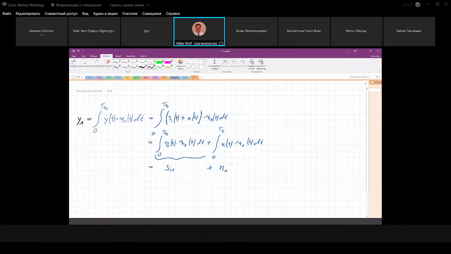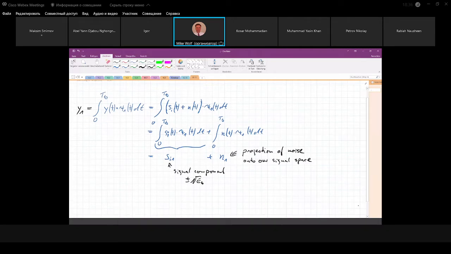So this is just a projection of noise, of this AWGN, the continuous time noise, but this is the projection of the noise in the signal space. And this is just the signal component. So this is basically plus or minus square root of E.